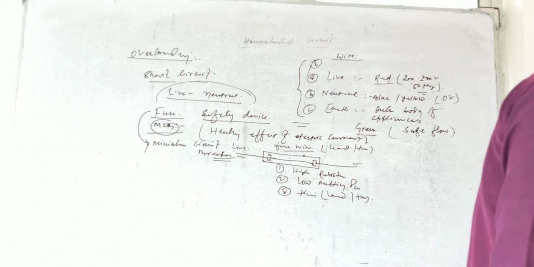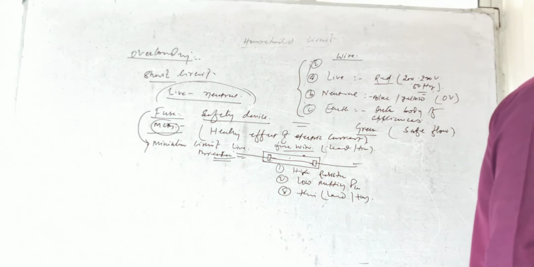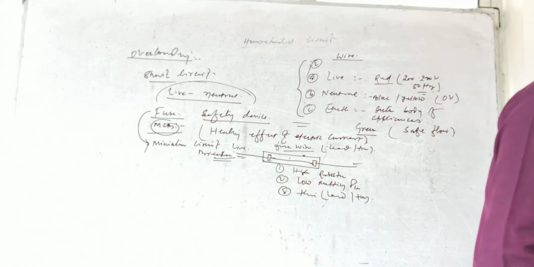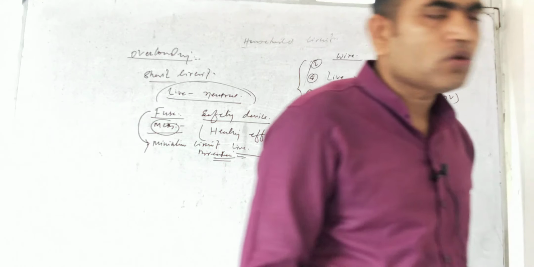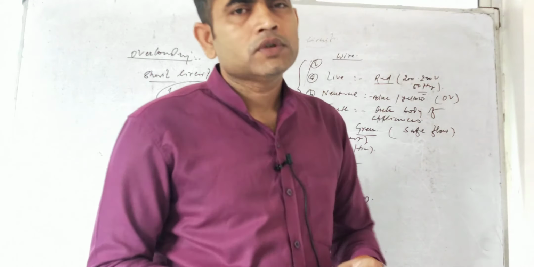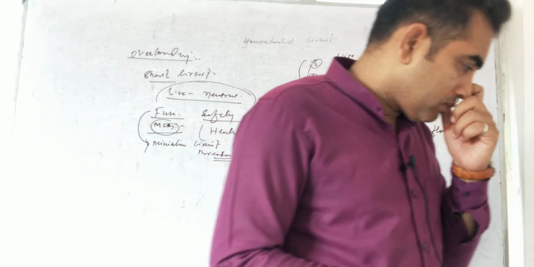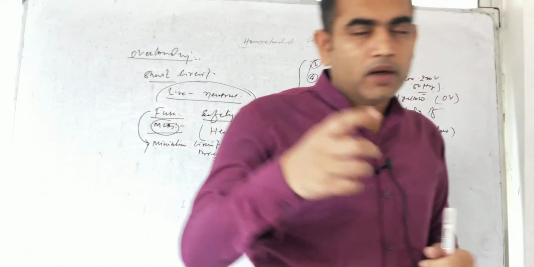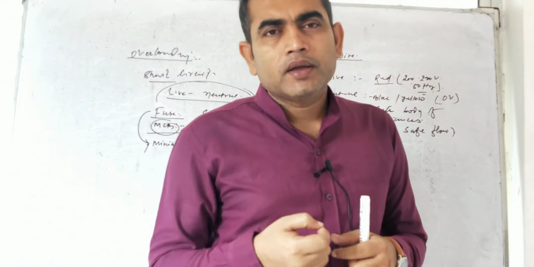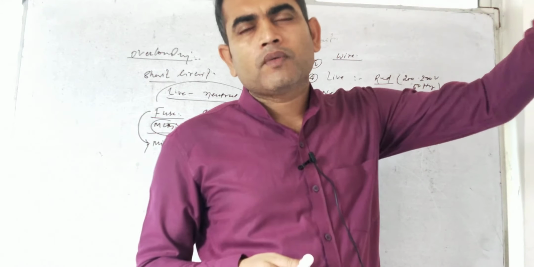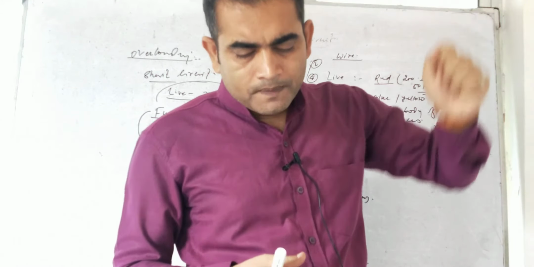Most of the topics from the chapters have been covered. A few things remain, such as earthing. How is earthing done? For the appliance to be earthed, a naked copper wire is taken. One end of the copper wire is connected to the appliance.